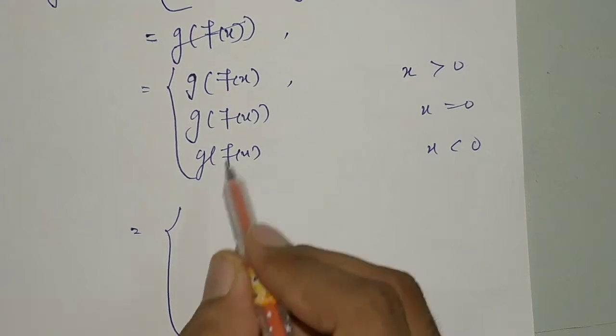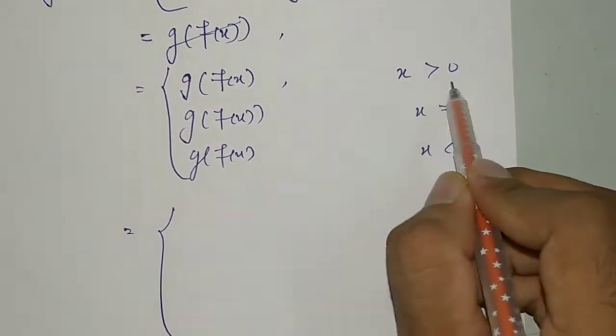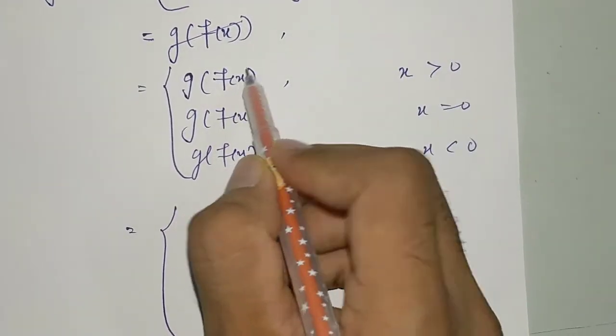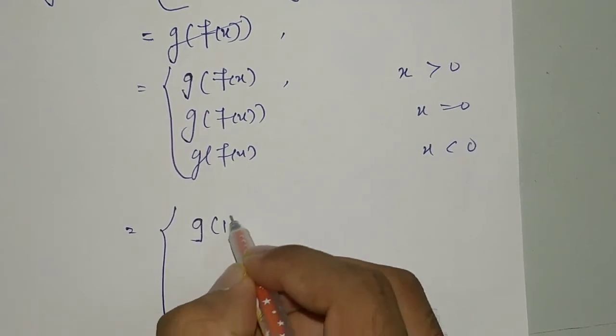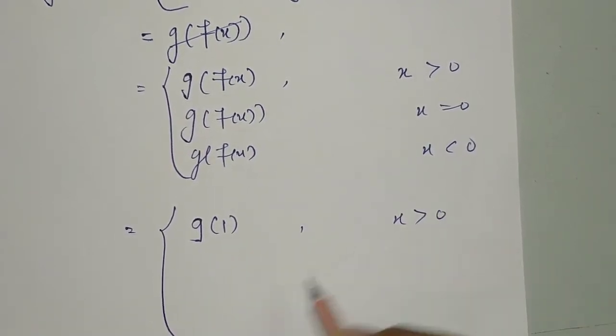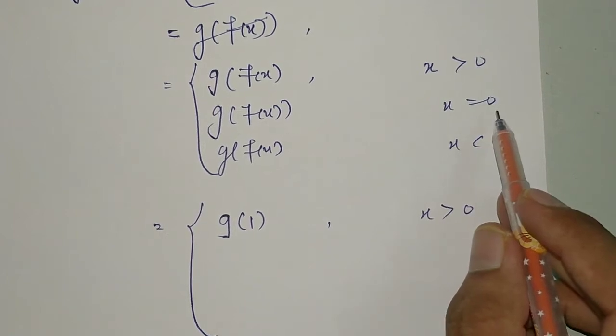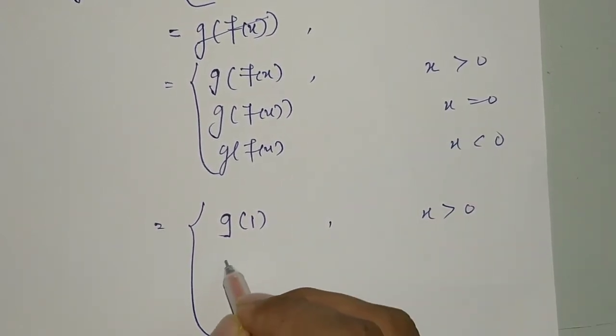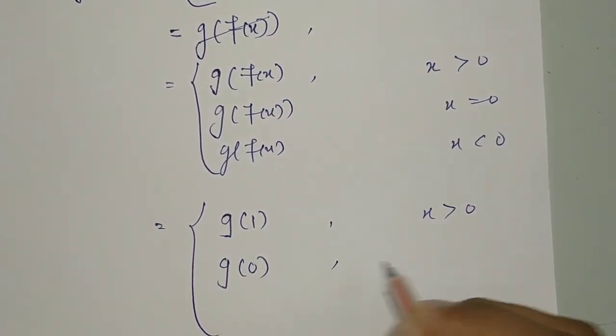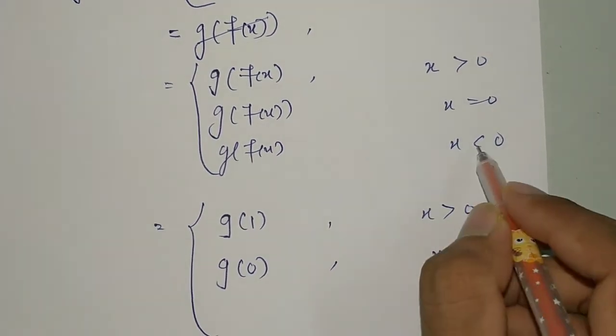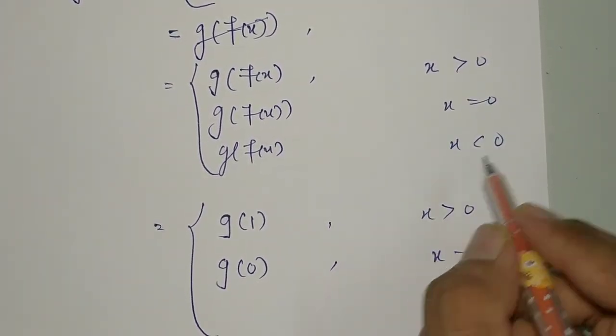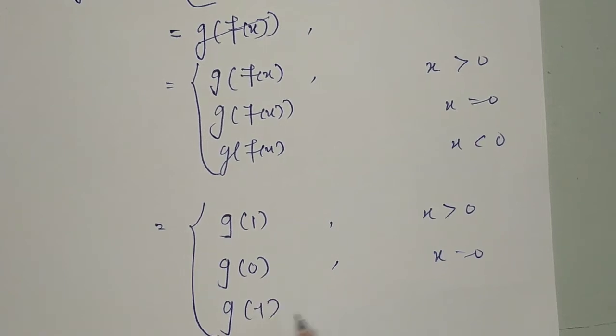Now, for a positive value f of x will be 1, so g of 1 when x is greater than 0. For x equals 0, f of x will be 0, so g of 0. And for a negative value x less than 0, f of x is minus 1.